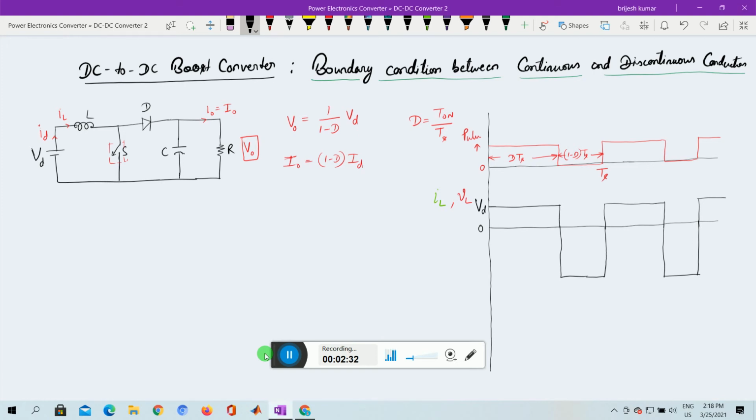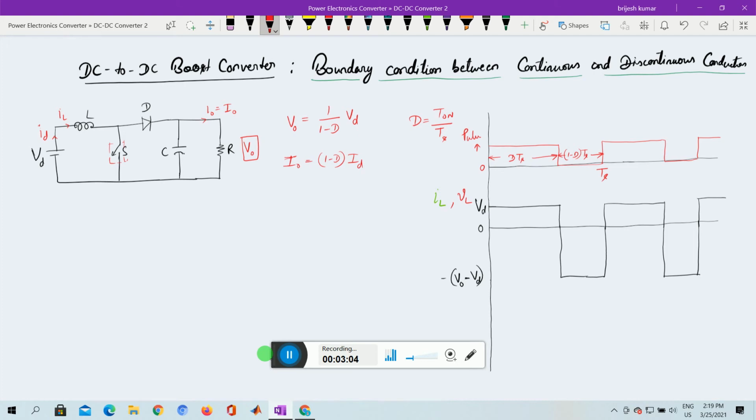When the switch is off, the polarity of the inductor reverses and the voltage across the inductor is V0 minus Vd, since V0 is greater than Vd. Its total is a negative value, which is reflected here. VL is equal to V0 minus Vd during the off time.